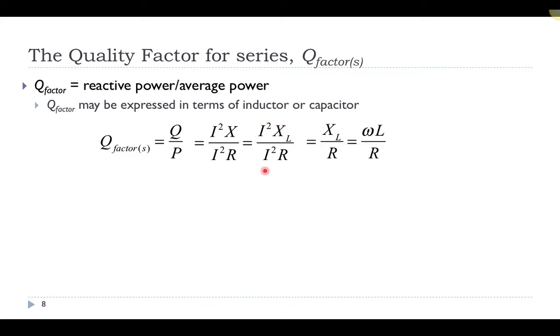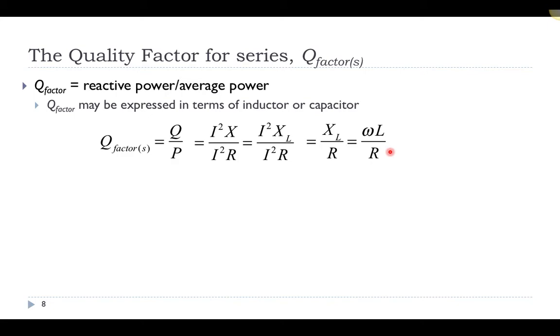The currents here are just the amplitude of the current in this series circuit, so they cancel each other out. And I get that the quality factor in a series circuit is just the ratio of the inductive reactance to the resistance in the circuit. And I can write down what the inductive reactance is. It's the angular frequency times the inductance.